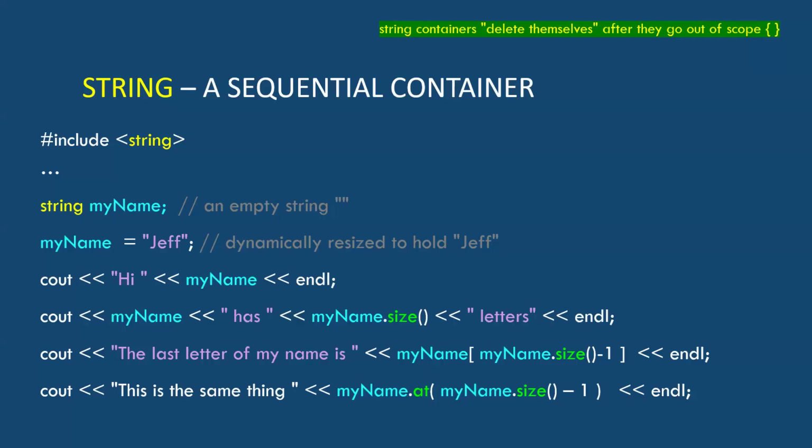Okay. Now, the other thing to be aware of about these things, and they look like normal variables, is that they sort of go away magically when they go out of scope. And we talk about that more in the advanced C++ class. But essentially, whenever you have a pair of curly braces with some variables inside of them, those variables are called automatic variables.